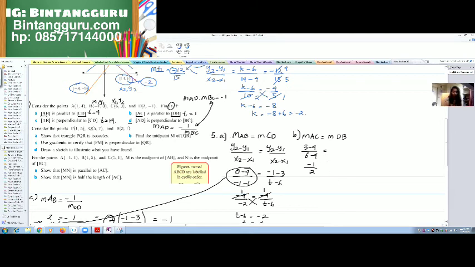So this is DB. Okay, so this is D, this is B. Let's try. DB is 0 plus 1 over minus 1 minus t, so equal to 1 over minus 1 minus t. Oh, still the same.